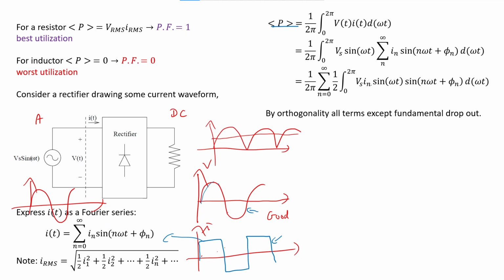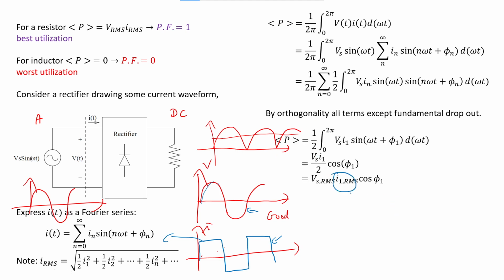But the other terms with high frequency sine waves do not contribute to the power factor. That's why when we compute power factor, finally we only have I1 appear here, because I1 is a pure sine wave like the voltage waveform. Other terms do not contribute to power factor.